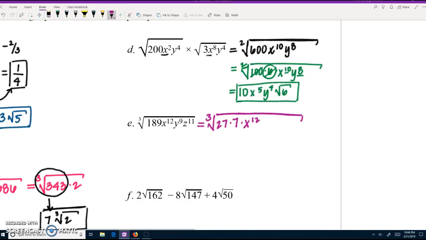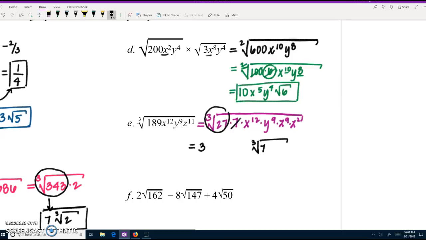Then x to the 12th is going to be fine as an exponent. So is y to the 9th. But the issue here is going to be z to the 11th. I need to break that up into z to the 9th times z squared to simplify. So now I can start to bring terms out in front. This cubic root of 27 is going to become a 3. But then 7 is going to be left inside of the cubic root.